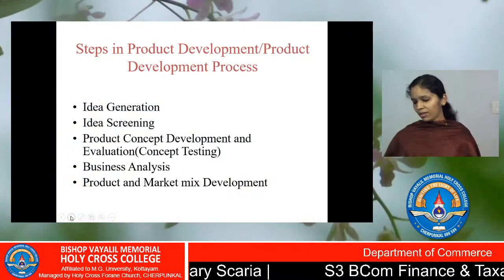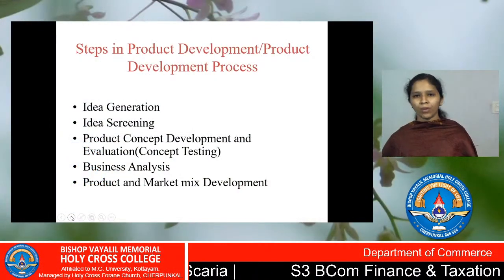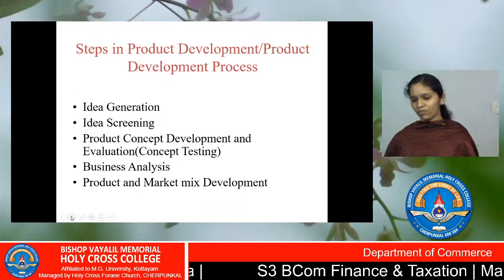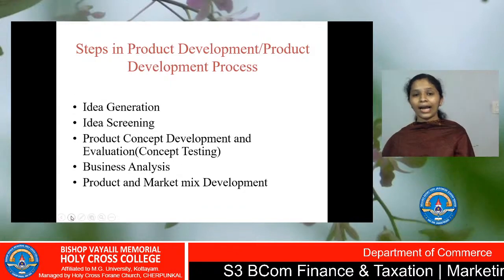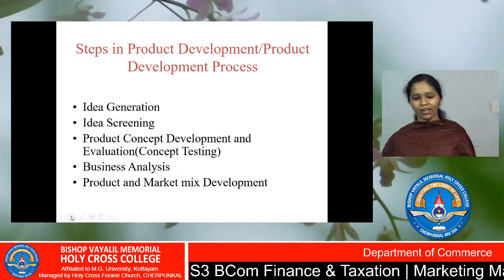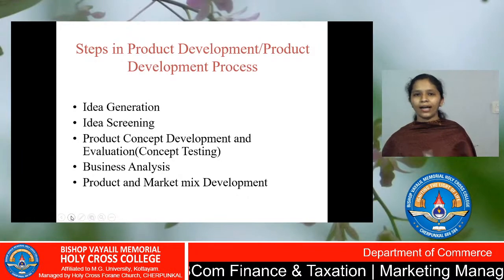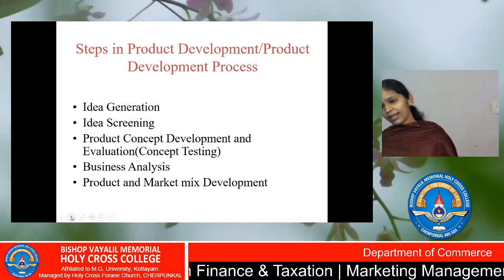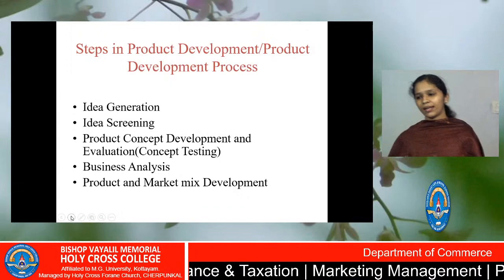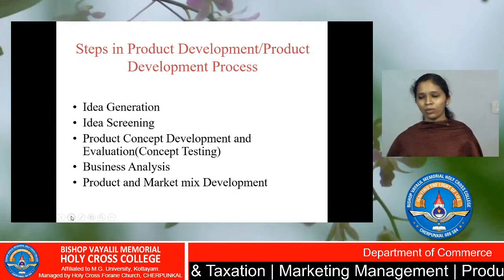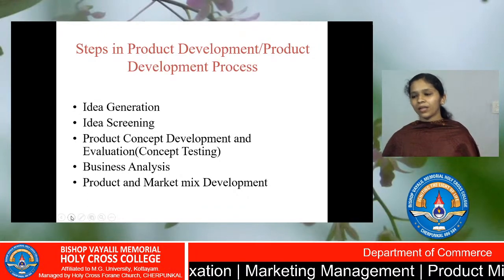So next, what are the steps involved in the product development stage? First one, we have to generate ideas. Then second step, we have to analyze each idea generated from the first stage. Then after the result of the second stage, we have to find the best suitable idea. Then the third stage, concept testing.